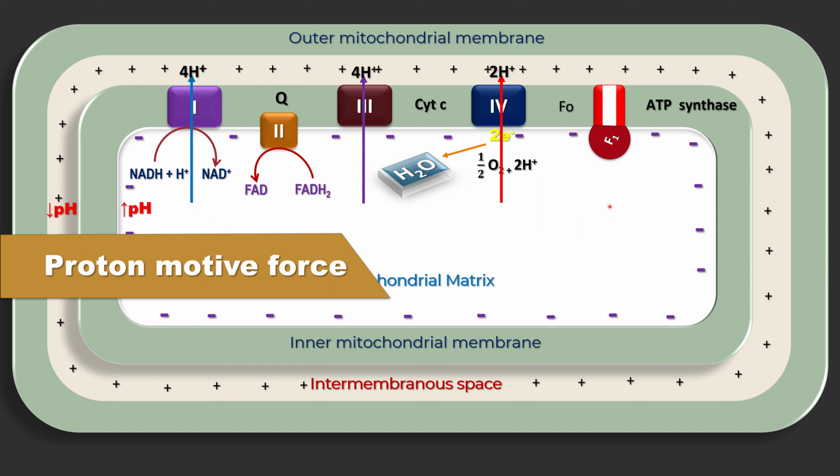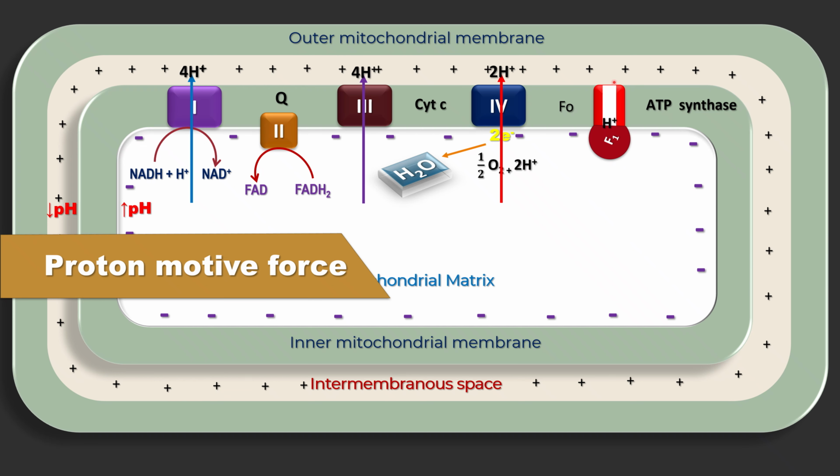There is another complex called complex 5 or ATP synthase, which is also present in the inner mitochondrial membrane. Now the protons move back into the matrix through ATP synthase, which has an FO portion, which is the membranous domain, and an F1 portion, which is the matrix domain.